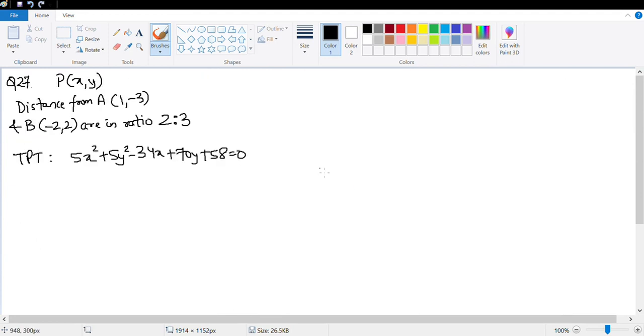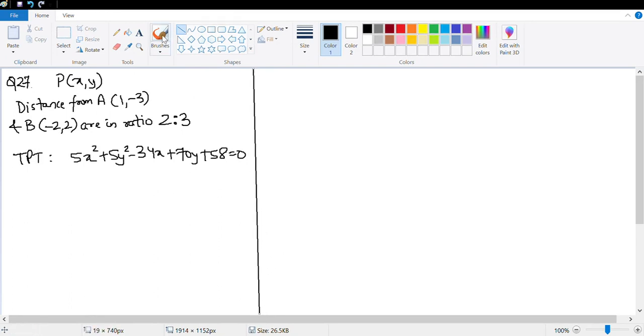The next question that we do is question number 27. Question 27 says the distance of point P, which is x, y, from the points A and B is in the ratio 2:3. Now we need to prove something. Again, a question like the previous one where the ratios are given.